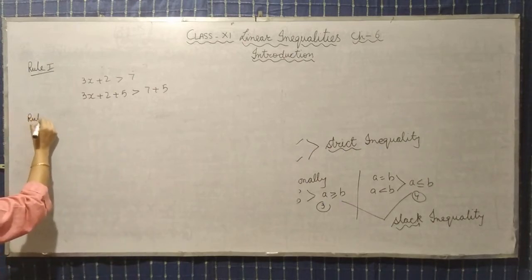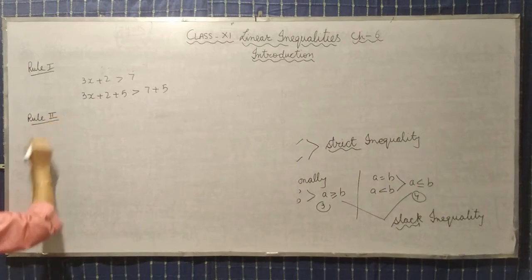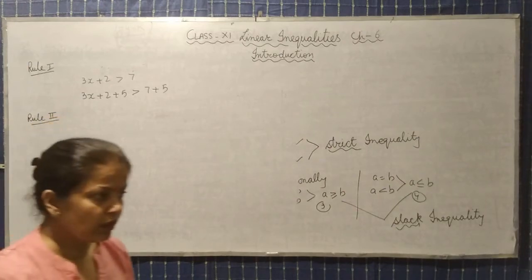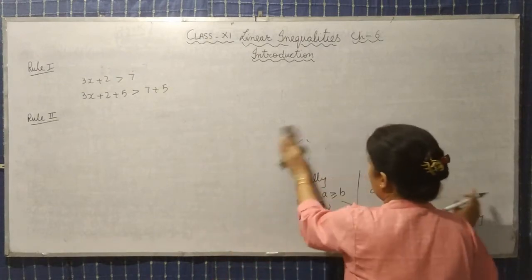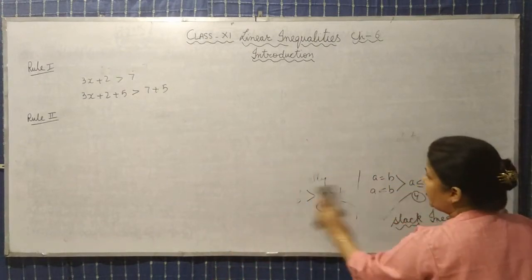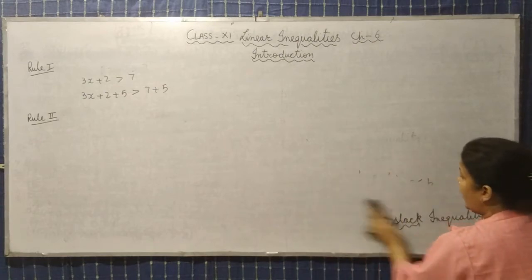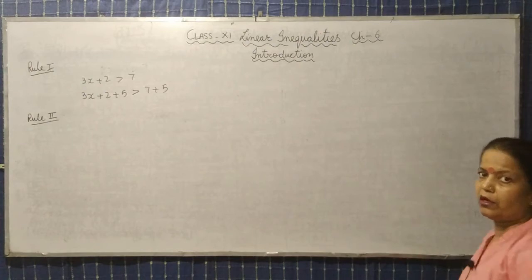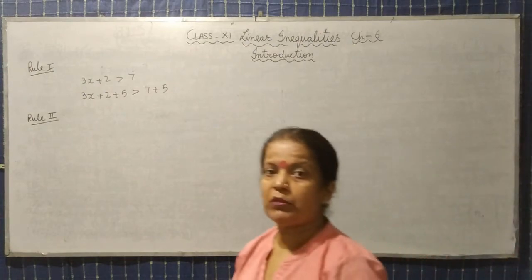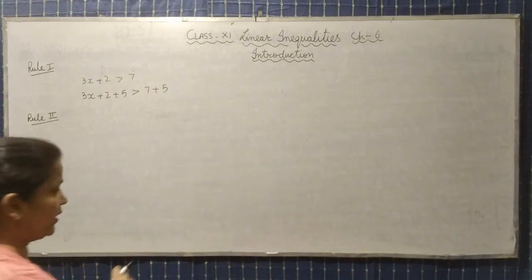Rule 2 is, if the same thing is subtracted from both sides, then also it does not affect the inequality. Same thing subtracted from both sides.